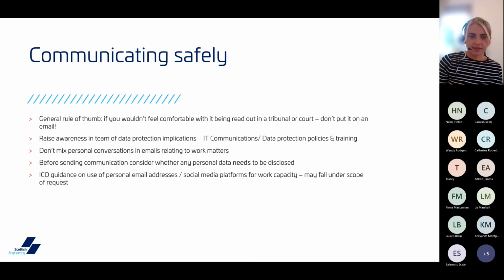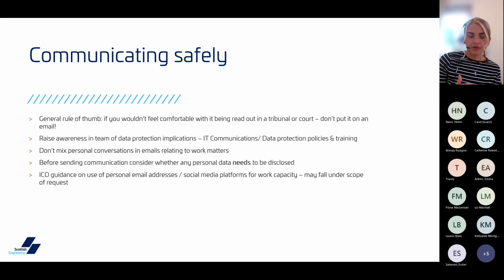As well, just raising awareness in your team of data protection implications. If you've got any IT communications or data protection policies and training, if you really make your workforce aware that this is possible, that things they are emailing can be disclosed, they're more likely to be careful with what they're sending out.